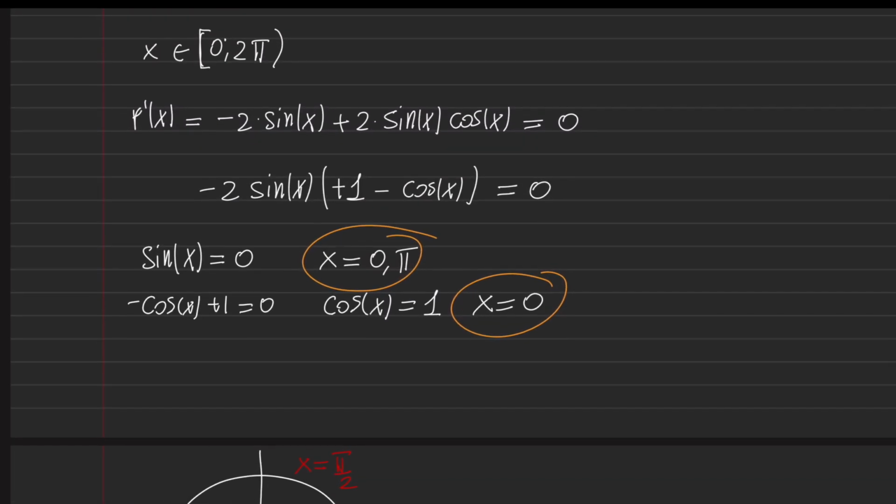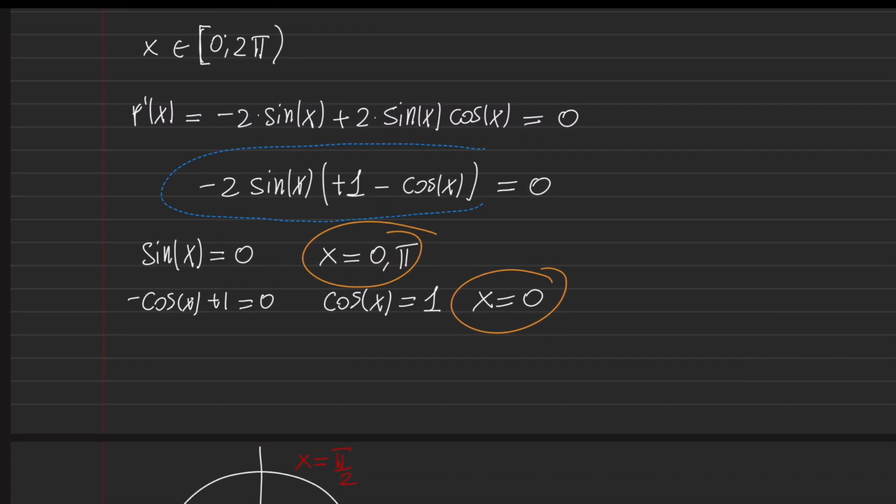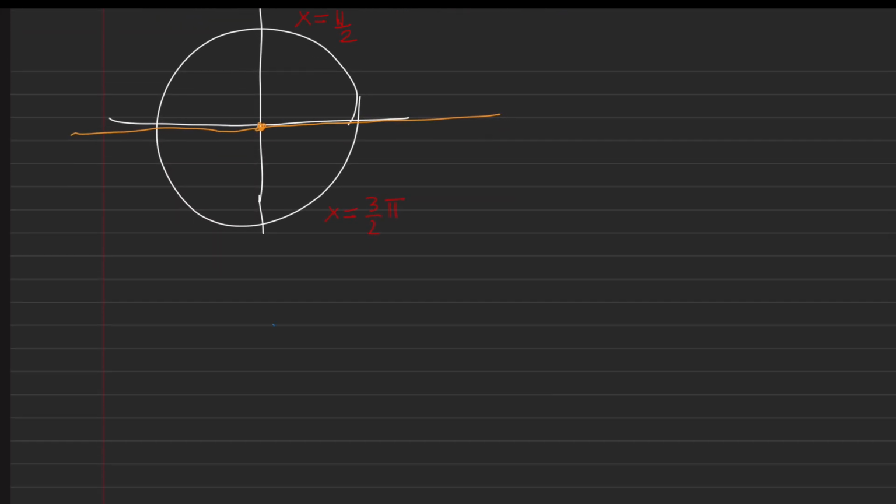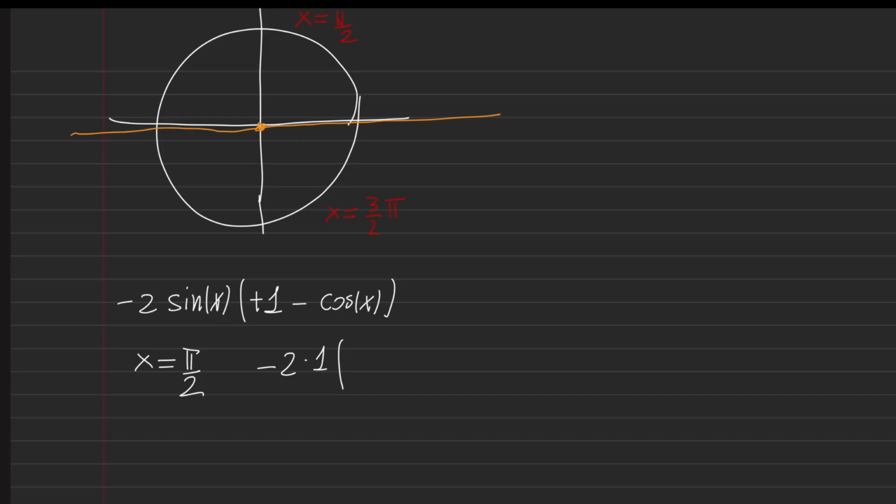So the first derivative is this guy here. We can copy it and put it here. And now I want to evaluate this for x equal to pi over 2. For x equal to pi over 2, I have -2 times 1 times 1 minus the cosine of pi over 2, which is 0, so 1 minus 0.